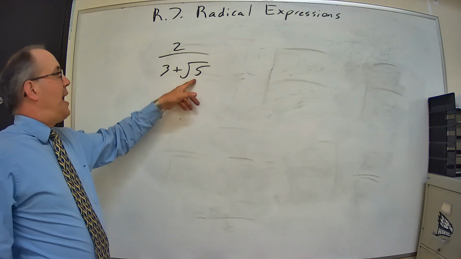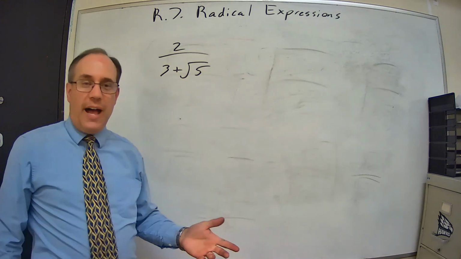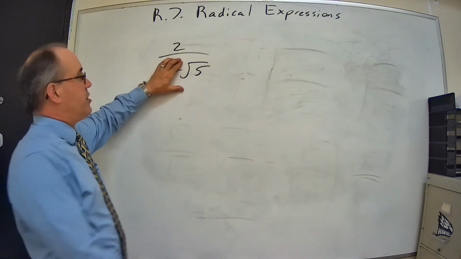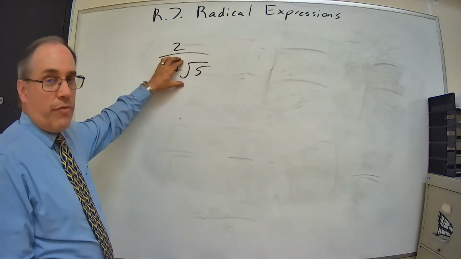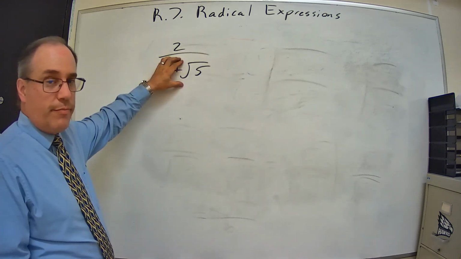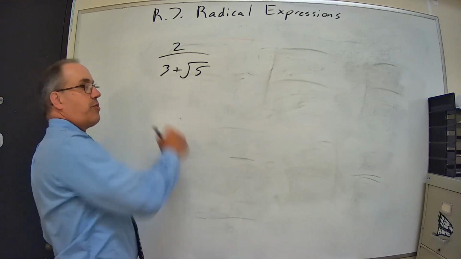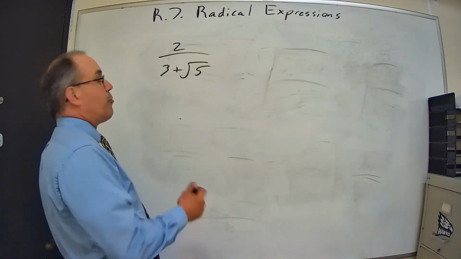Well, we know if we just had the square root of 5, we would just multiply the top and bottom by the square root of 5 and we'd be done. But we don't, we have this 3 here. So this is where we bring in the conjugate.